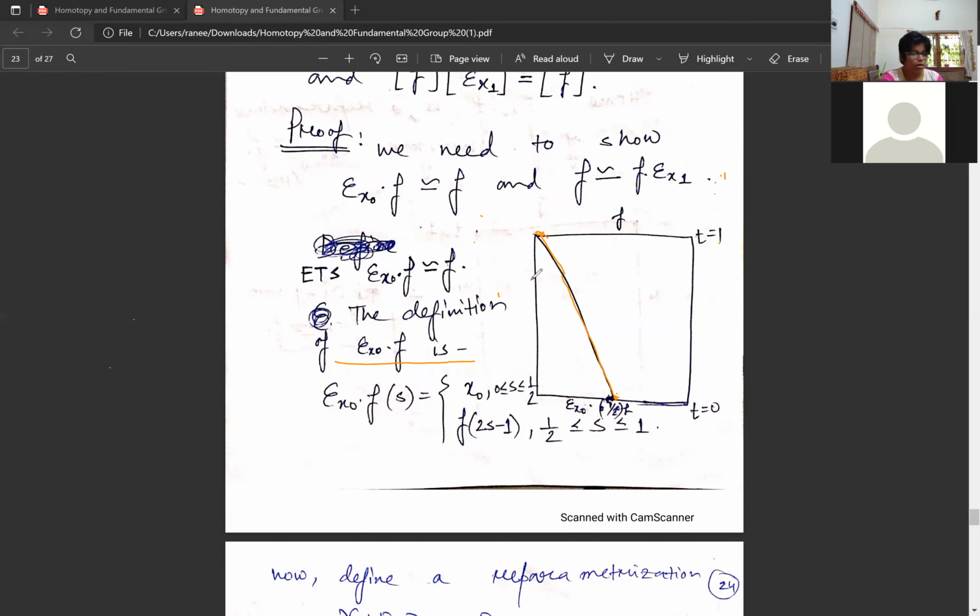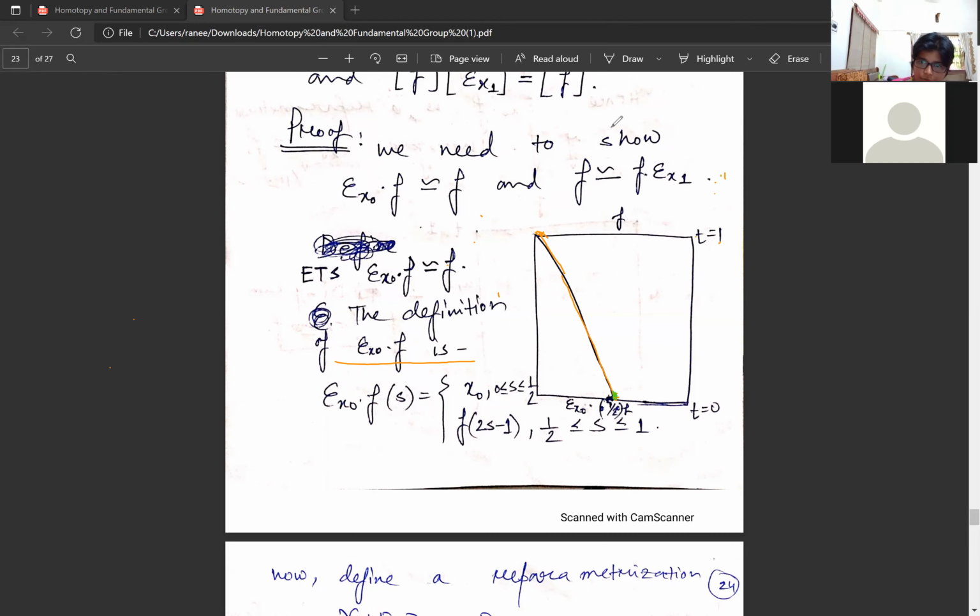Okay, so it's basically whatever I said for the associativity of the homotopy class. Basically here I'm in the middle of epsilon x naught and f. So my starting point of f is here in the middle at t equal to 0.